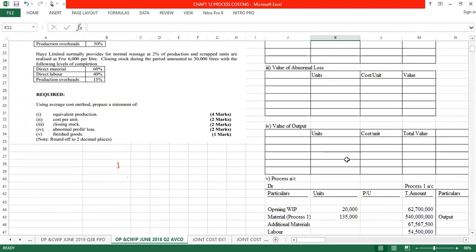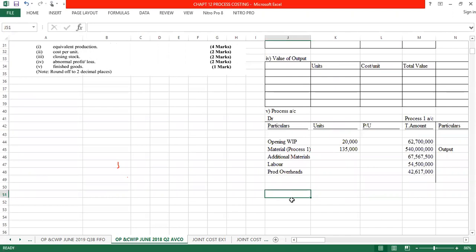So let me come and write here. Units scrapped is actual loss, which is equal to 5,000 units.